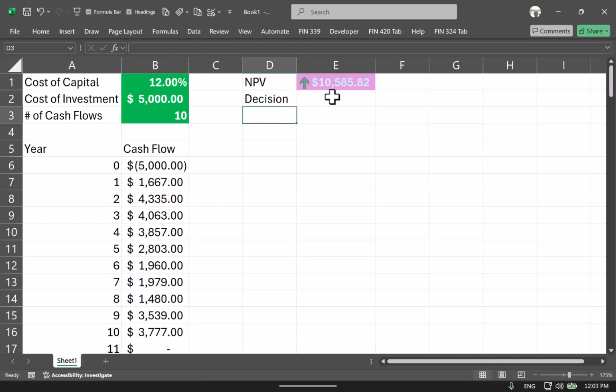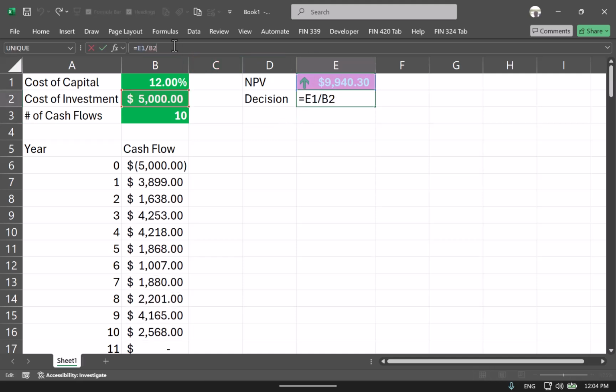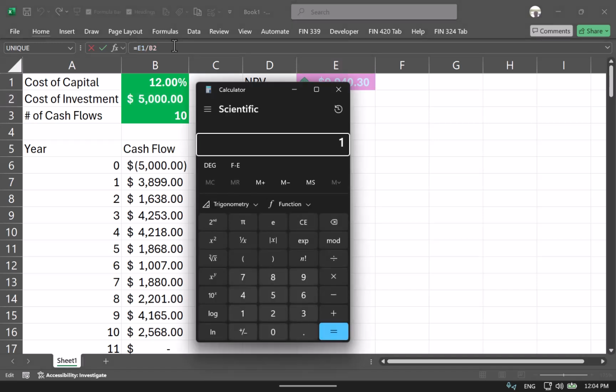I'm going to actually make a calculation here, divide that NPV by cost of investment, minus 1. No, yeah.